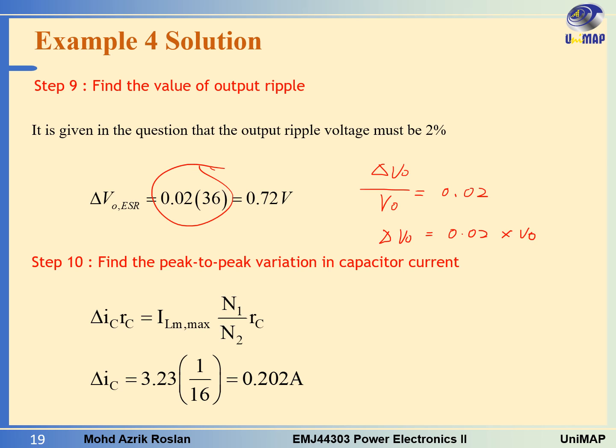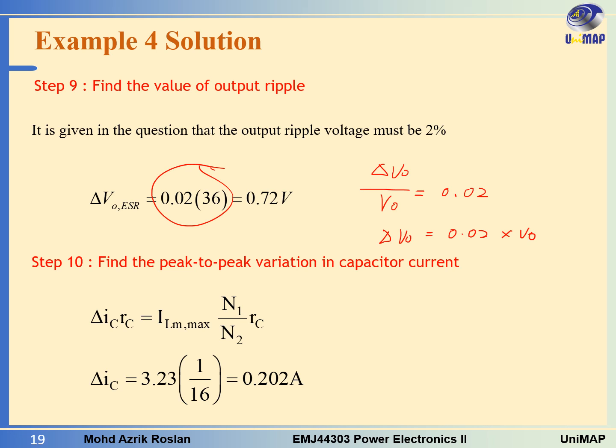For step number 10, we will find the peak-to-peak variation in capacitor current. So the equation is like this: delta IC multiplied by RC is equal to ILM max multiplied by N1 over N2 multiplied by RC.